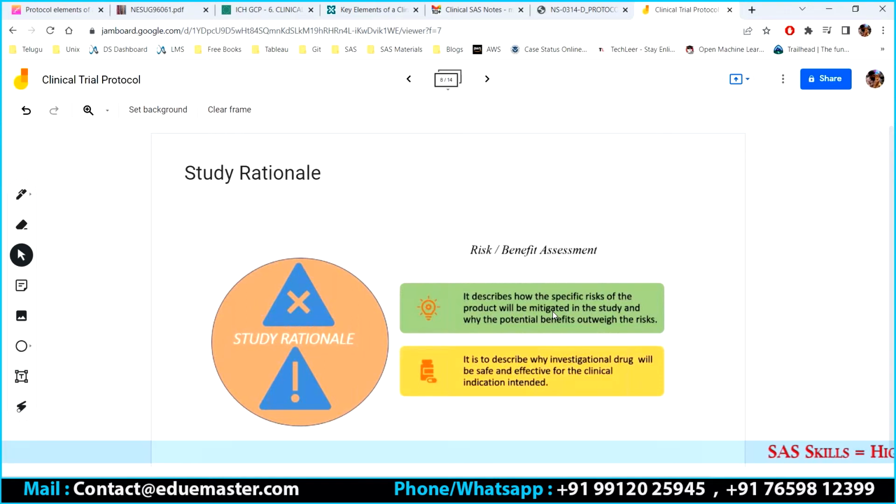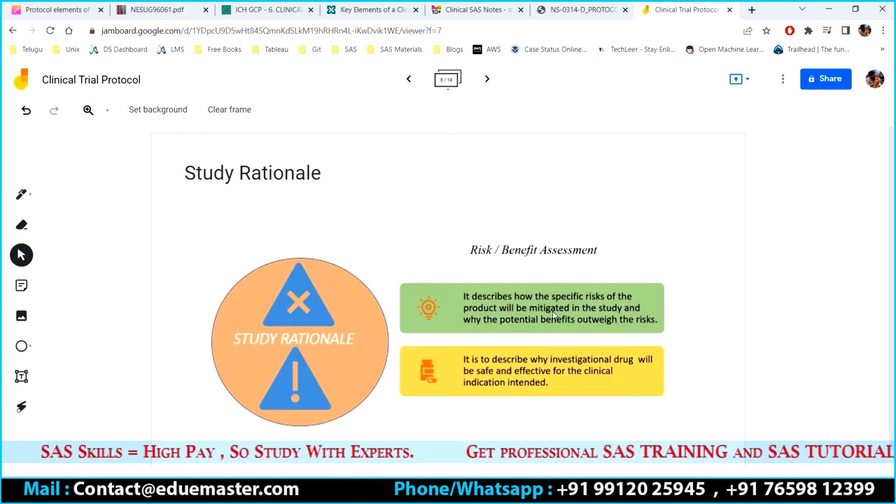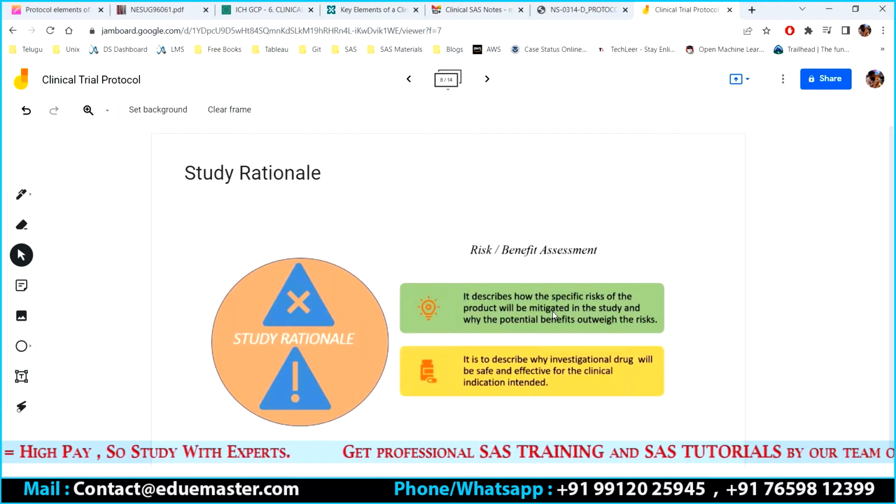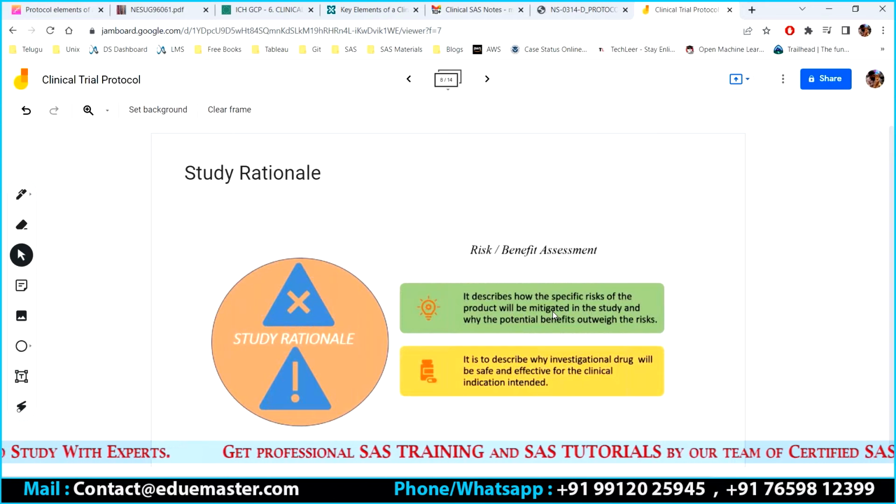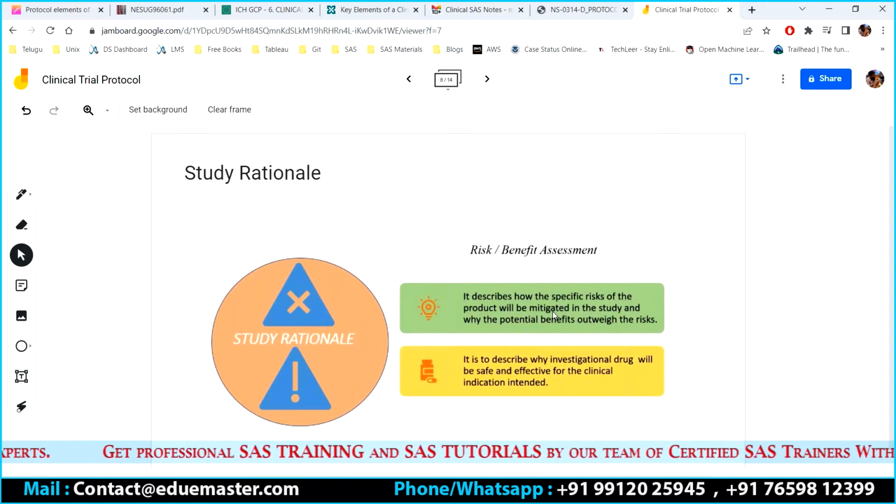When the safety parameters are not met, there is no way, or no need, of doing the clinical trials or developing your drug. Am I correct? So what do we need to do? Assess your risk, assess your benefit. When you assess the risk, understand how to mitigate the risk as well. Is that clear?